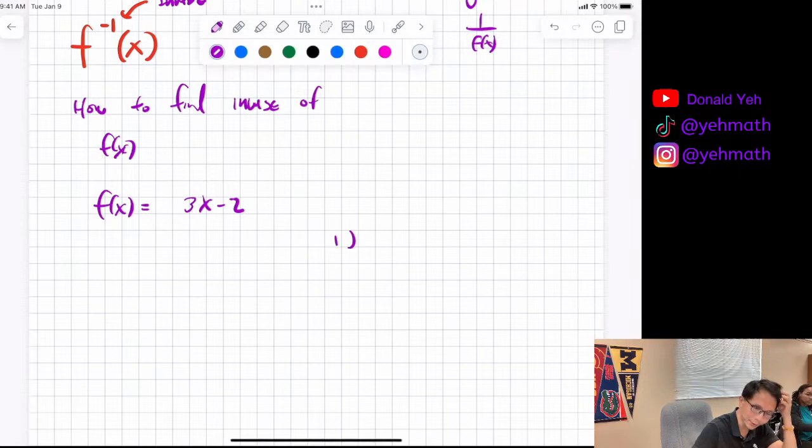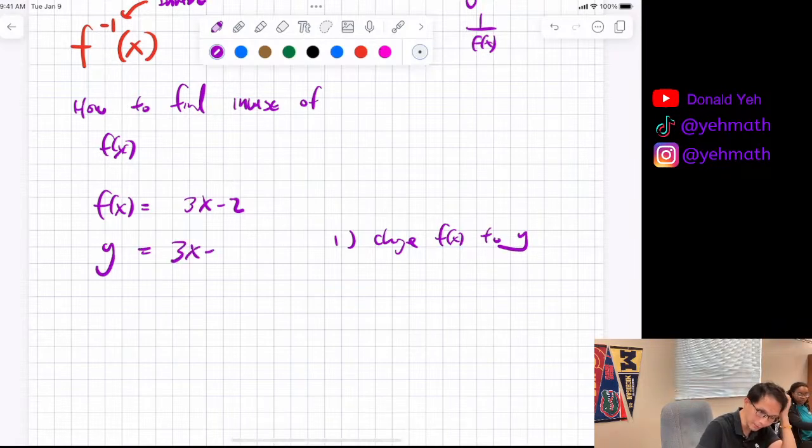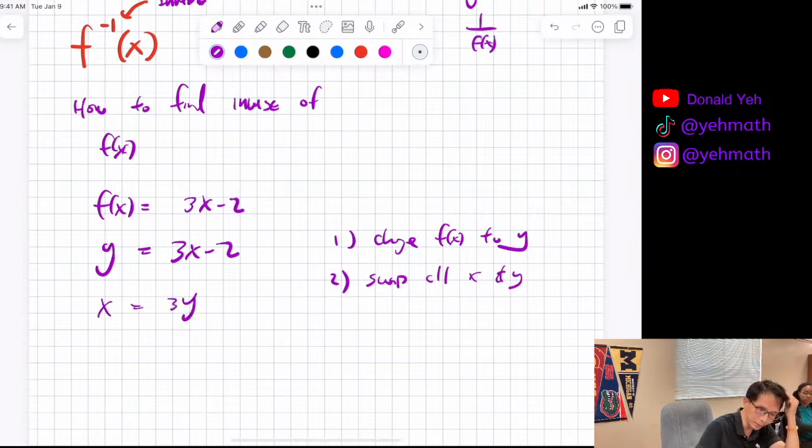First, change f of x to y. So y equals 3x minus 2. Second step is swap all x and y. So that is x equals 3y minus 2.